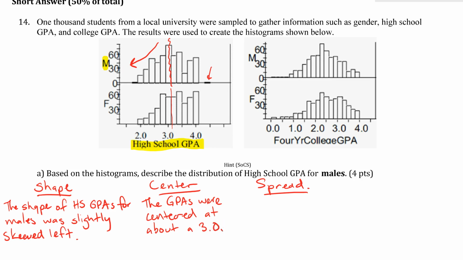And then finally, the spread. Now again, there's lots of ways we could talk about the spread. Right now, it looks like the best way would probably just to talk about the range, since that's the easiest to see. You might say that the range goes from around 2 to 4. Maybe a little bit past it, but most of the values.